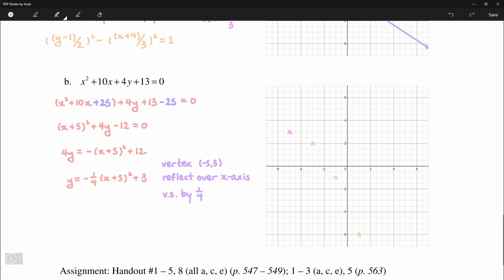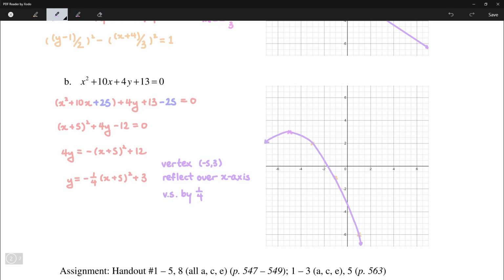Okay, so finally we're going to go ahead and connect these points with a smooth curve to form a parabola. And that's it.